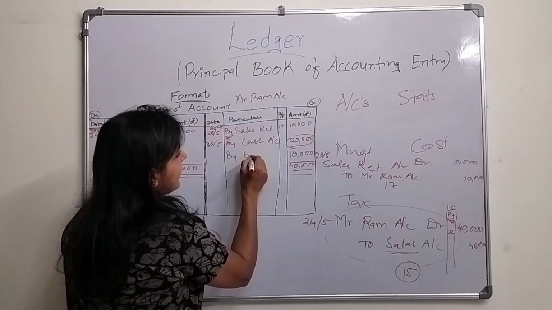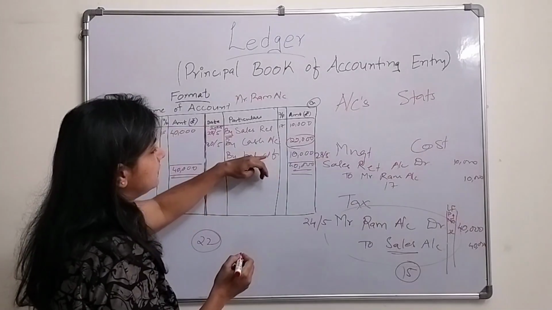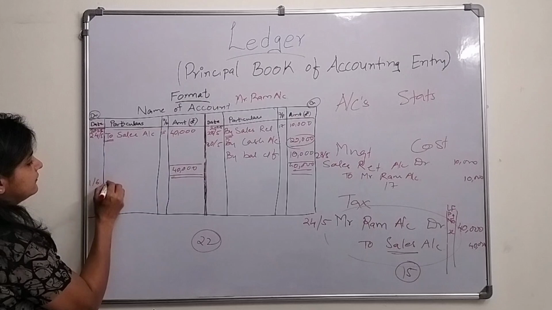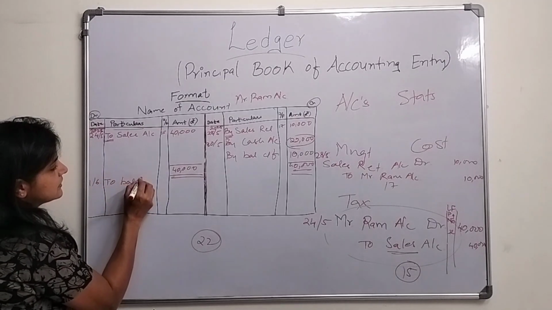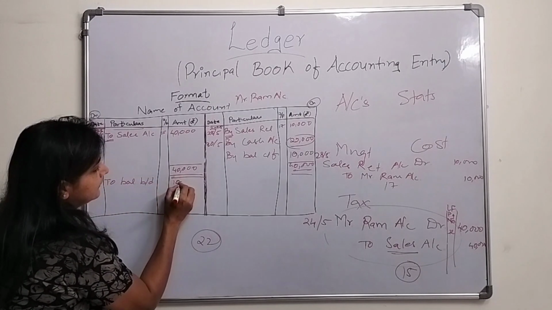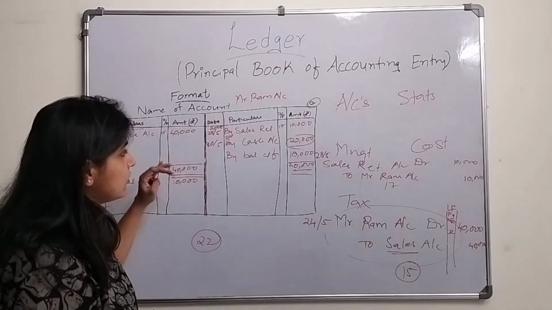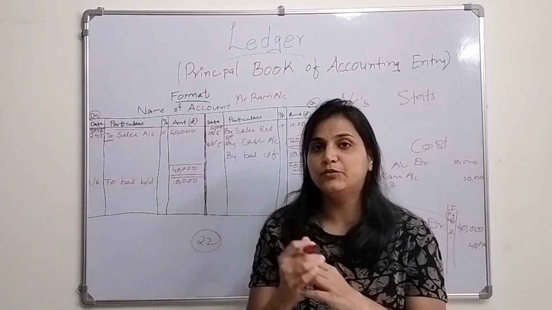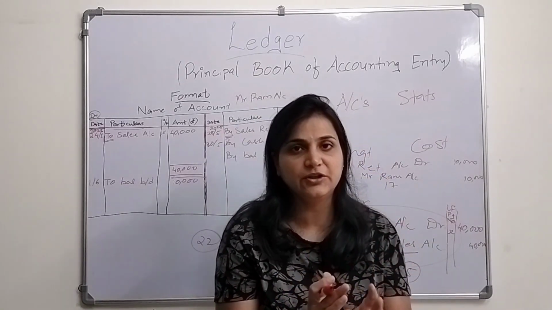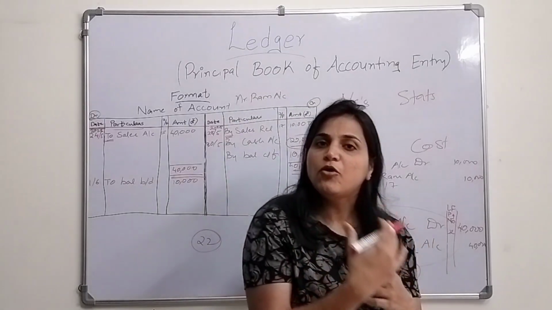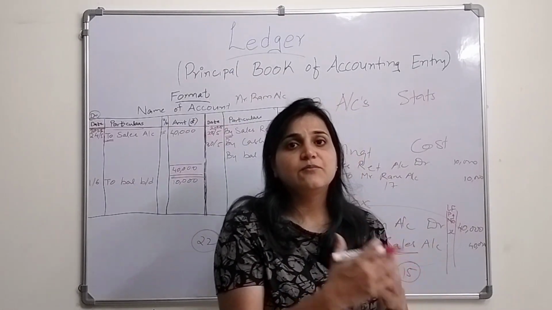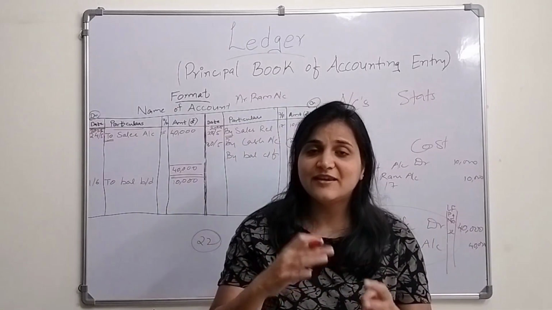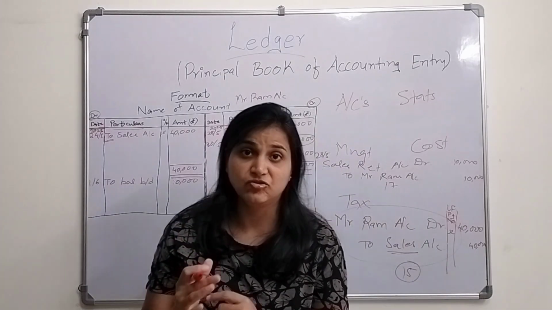So I will write by balance carry forward, and on 1st of June I will write to balance brought forward. So this is how transactions are recorded in the books after a particular time. It depends on the organization. Some post it every day, some weekly, some monthly, some quarterly, depending on the transactions occurring in that organization.